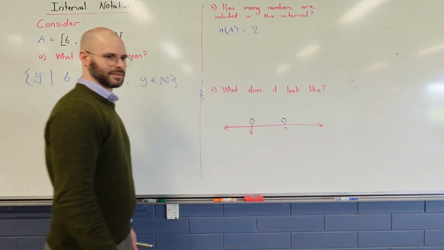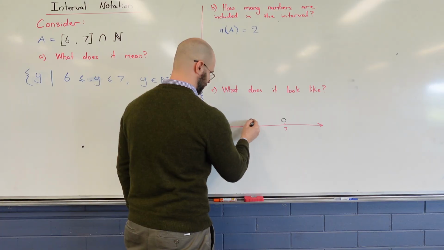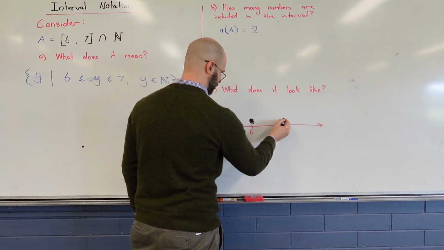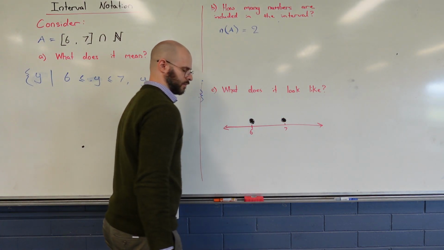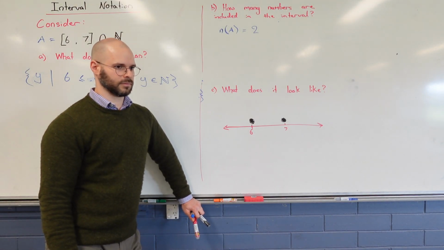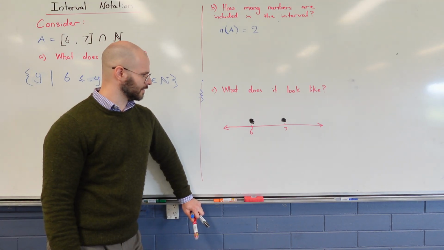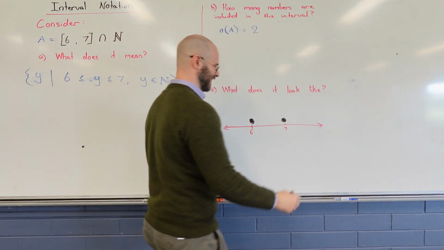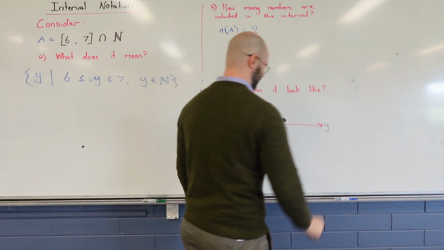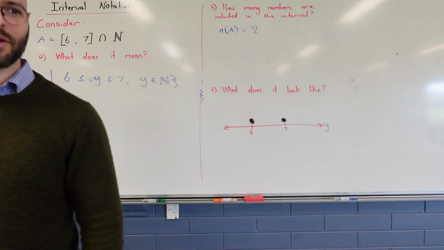Both of them coloured in, and then a line in between? Why? Because it's in between those values. Oh wait, no. It's just two natural numbers. Congratulations, you've done a dot plot.